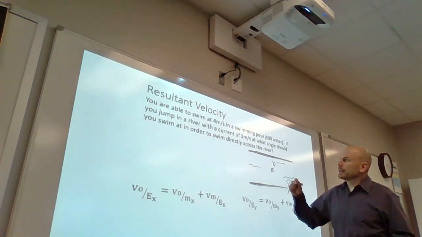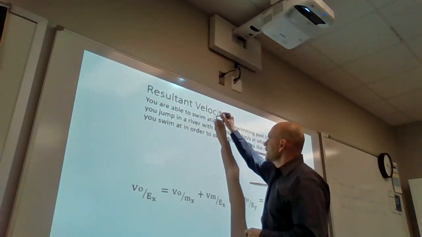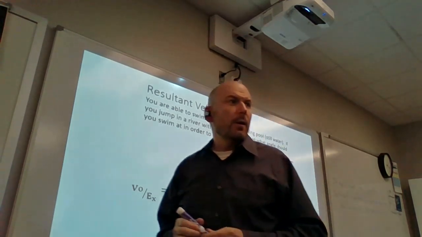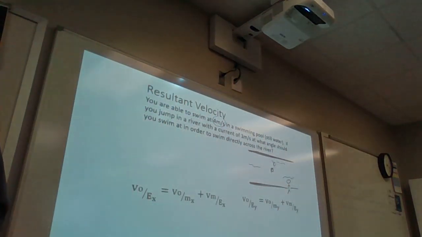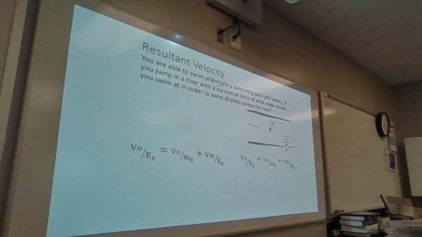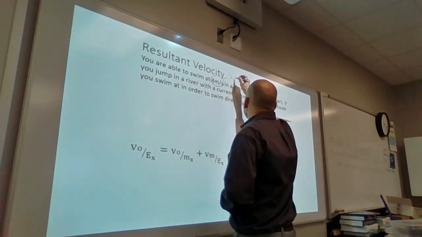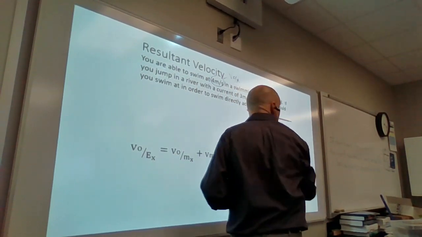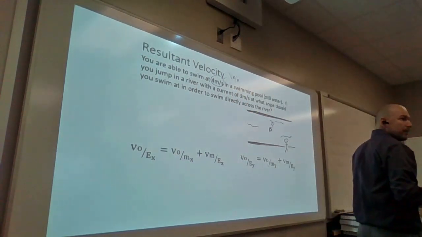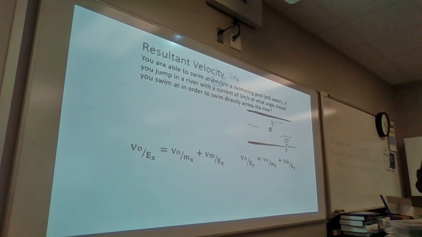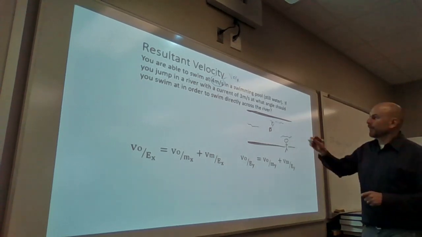So what is this in terms of object, medium, and Earth? The velocity of what? Yep, this is the velocity of the object relative to the medium, being the water. What is 3 meters a second?